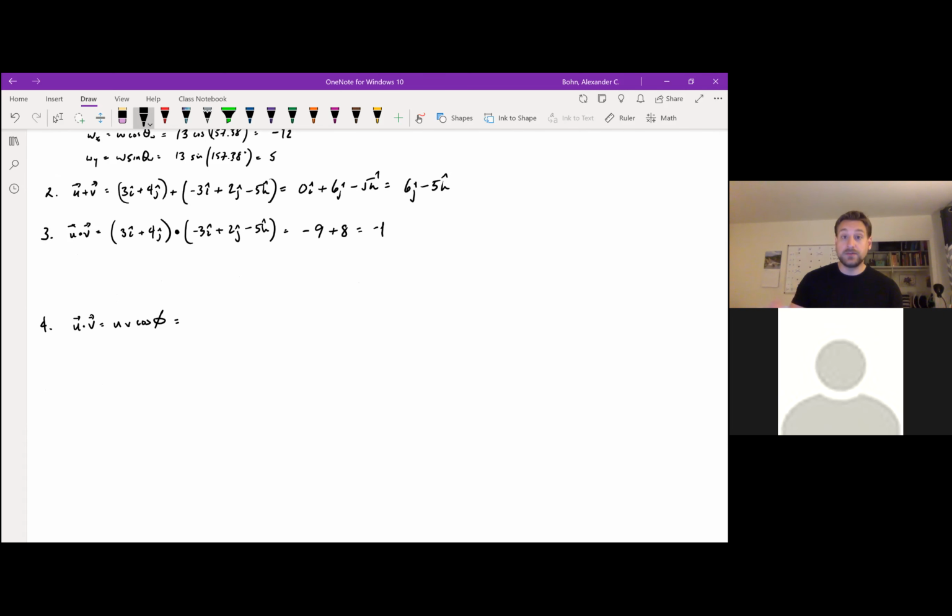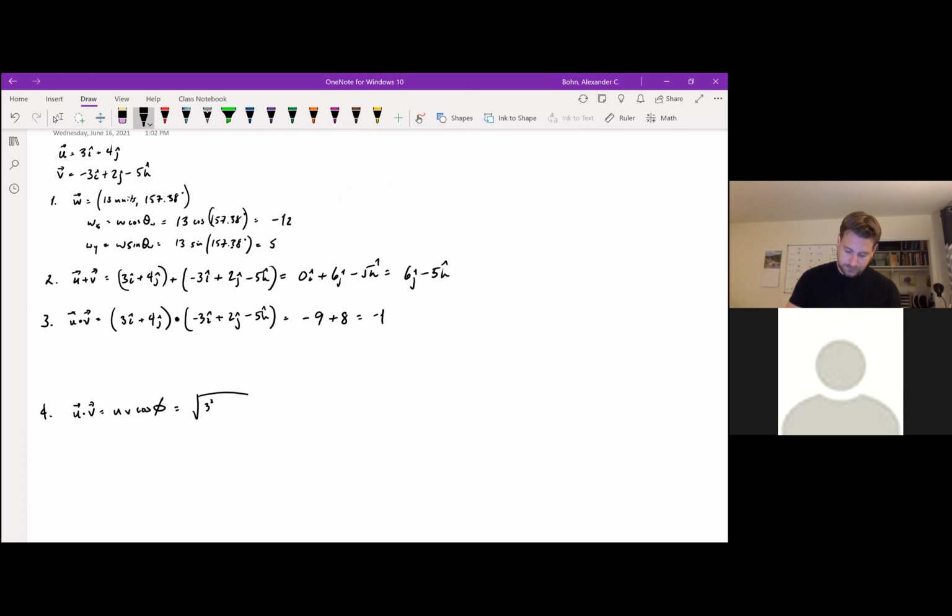The magnitude of vector u, finding the magnitude means we square the components, add them, and take the square root. Same story with vector v.